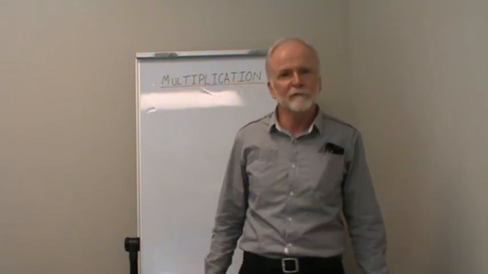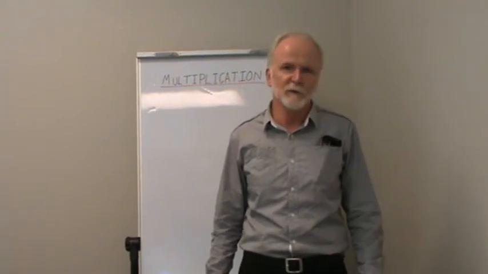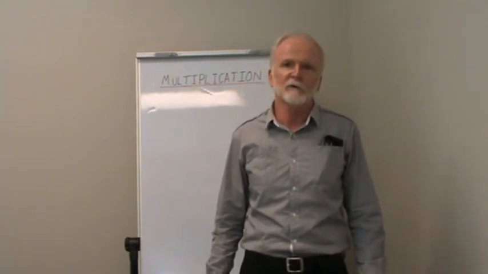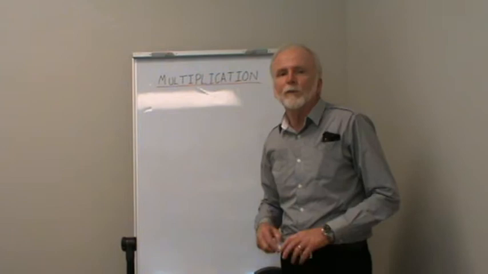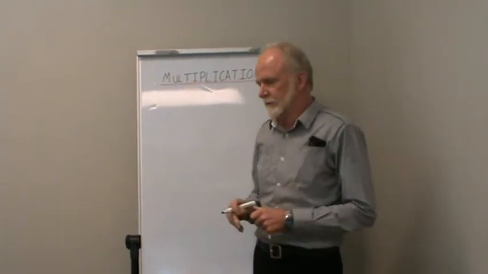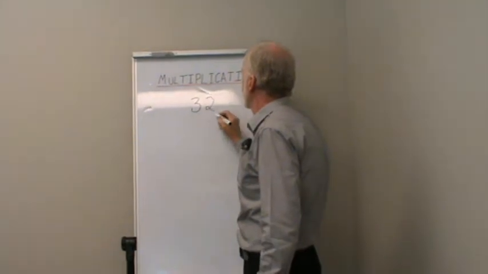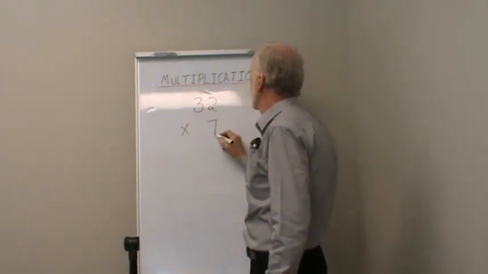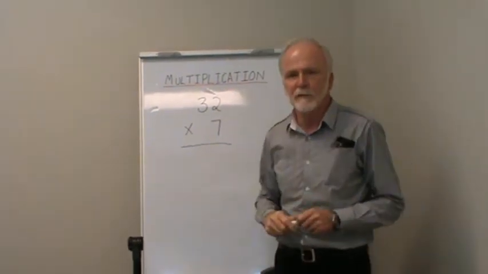Once the basic facts are all learned and the children are confident and competent with them all, then it's time to start introducing the multiplication algorithm. We start by multiplying two-digit numbers by one-digit numbers, such as 32 multiplied by 7.